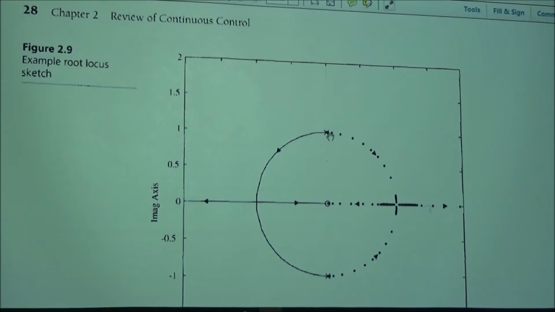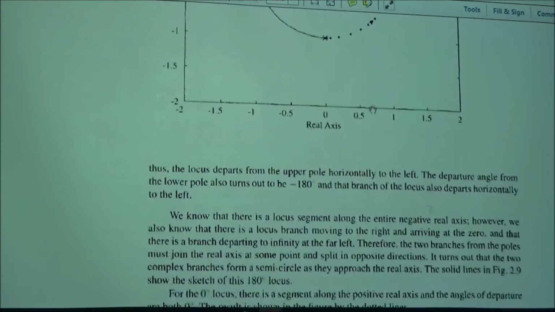If your gains are negative, then these are going to be your root locus, going this way to zero for negative values of k. But those are not realistic in a control system, because the gain of any amplifier cannot be negative.